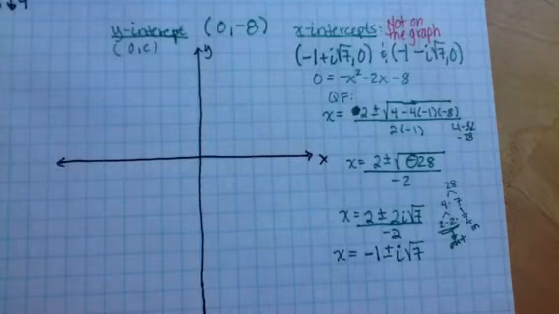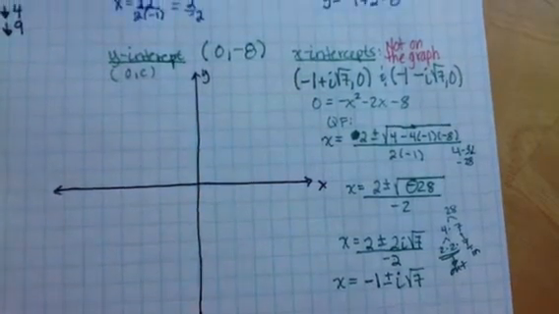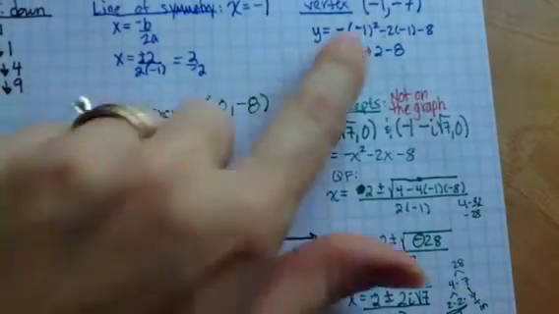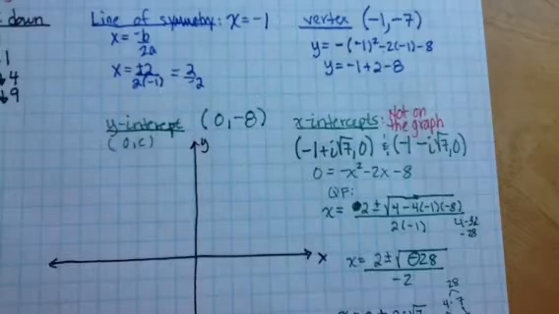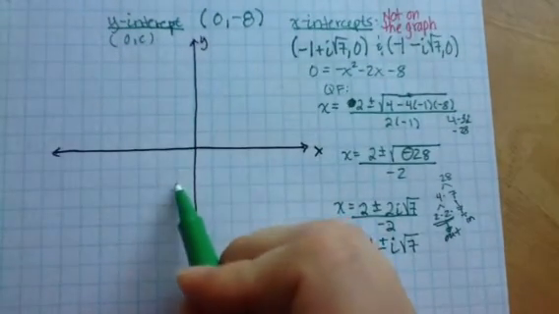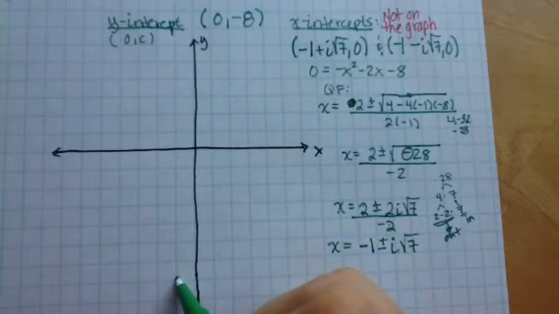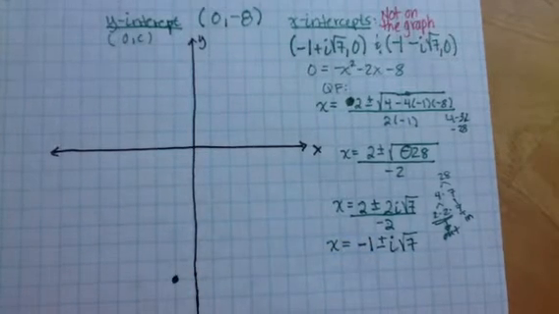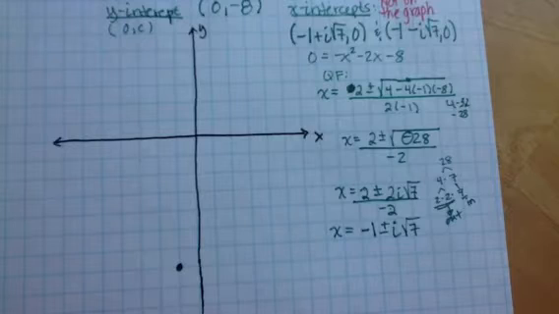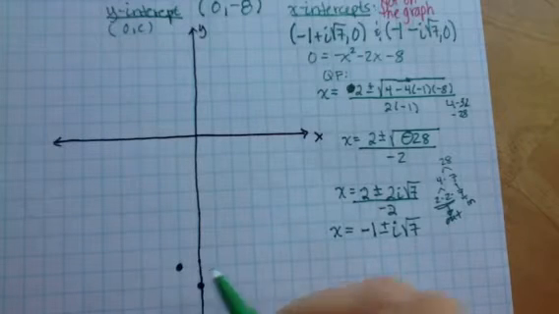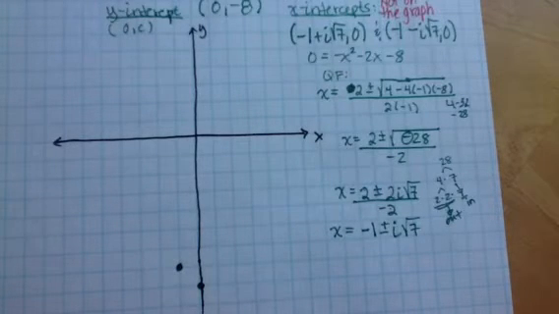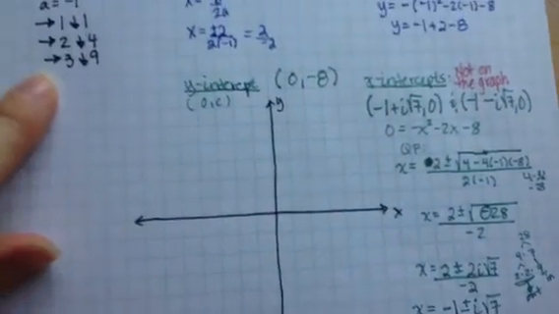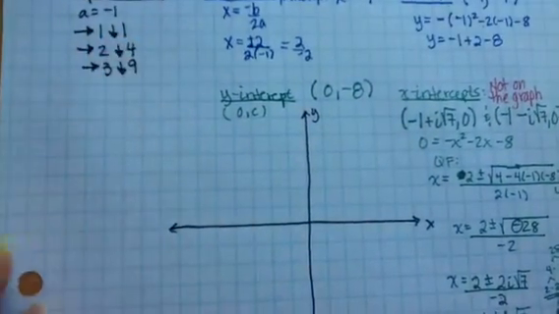Let's graph what we've got that we can get on our graph. We have our vertex at negative 1, negative 7. So negative 1 and then negative 7. 1, 2, 3, 4, 5, 6, 7. We have our y-intercept at 0, negative 8. We have no x-intercepts, but we do have our pattern for graphing.